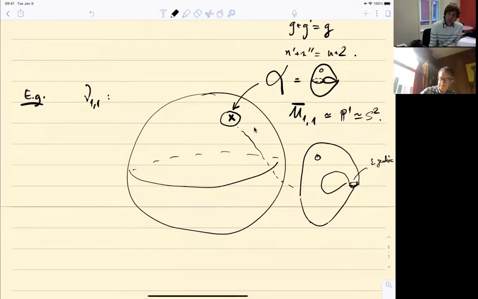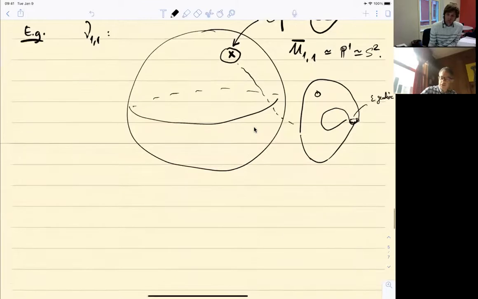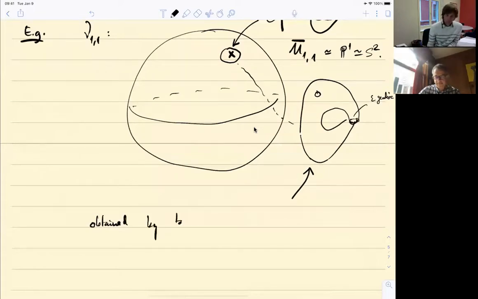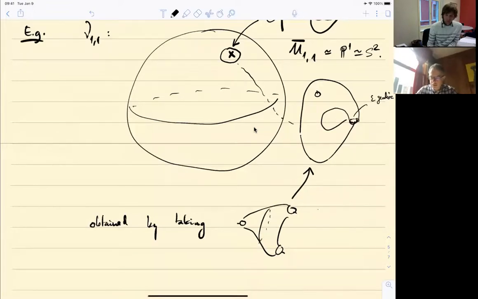Frame. But how do you get these? There's several of them. There's not just one. There's a whole circle's worth of them. Those are obtained by taking a framed pair of pants, and doing twist sewing on two of the boundary components.